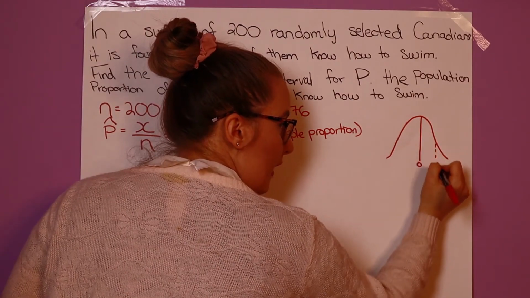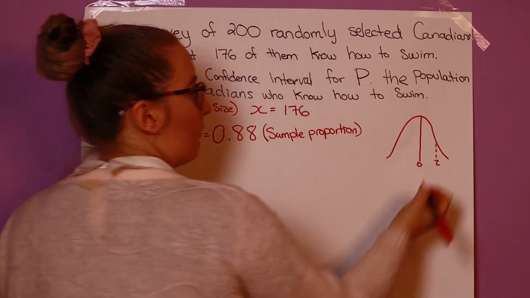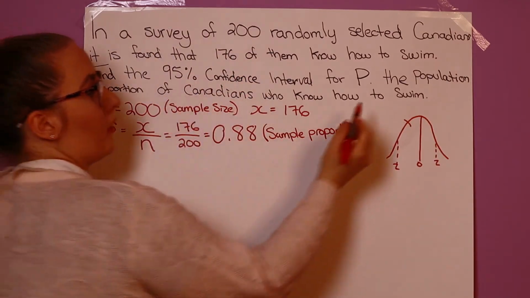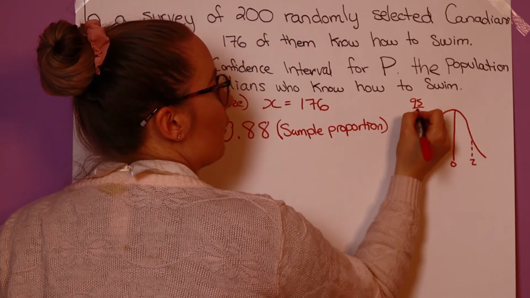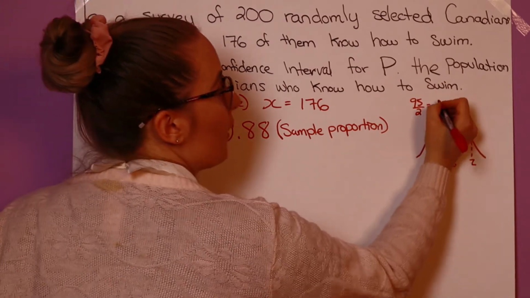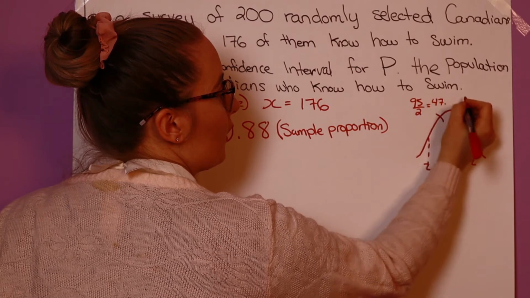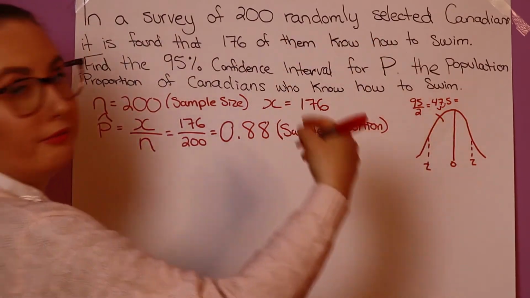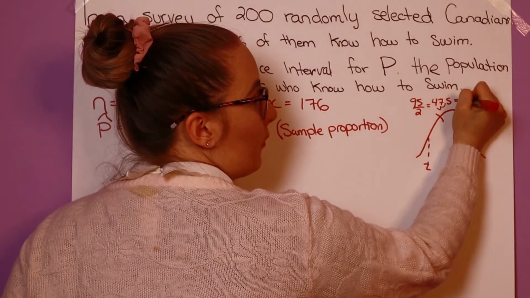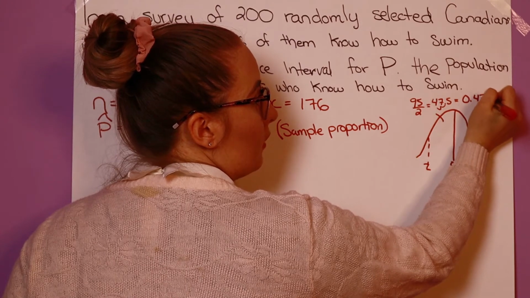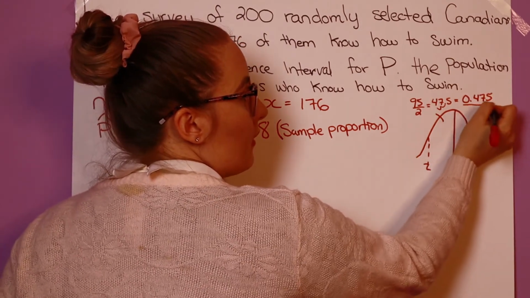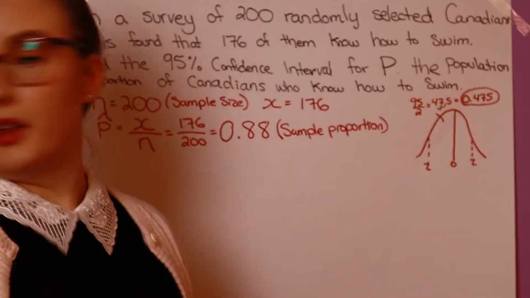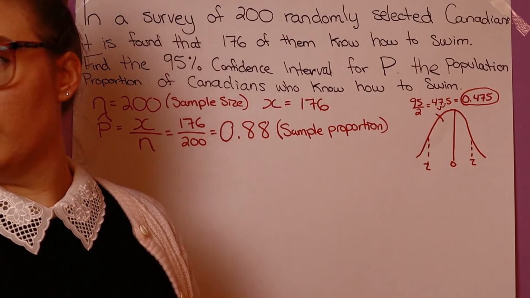We're going to do Z. Okay, we're going to take the 95%, divide it by 2, which we did last time, which technically gives us this, but we're going to move it over to the 100th place, okay? So we got 47.5. Now that's the number we're going to use to look up on our Z sheet.